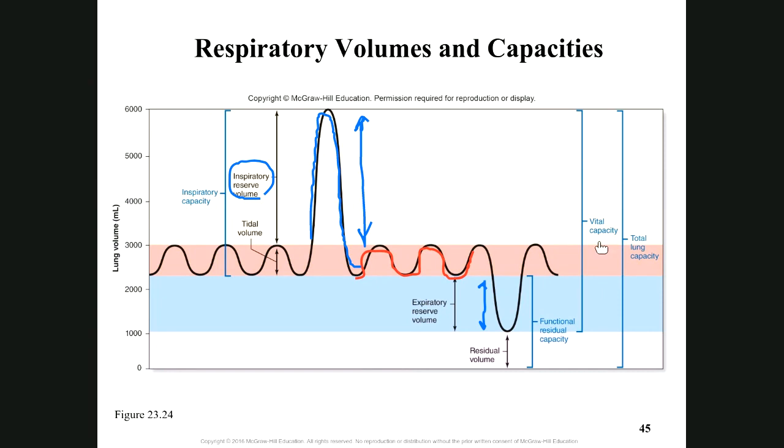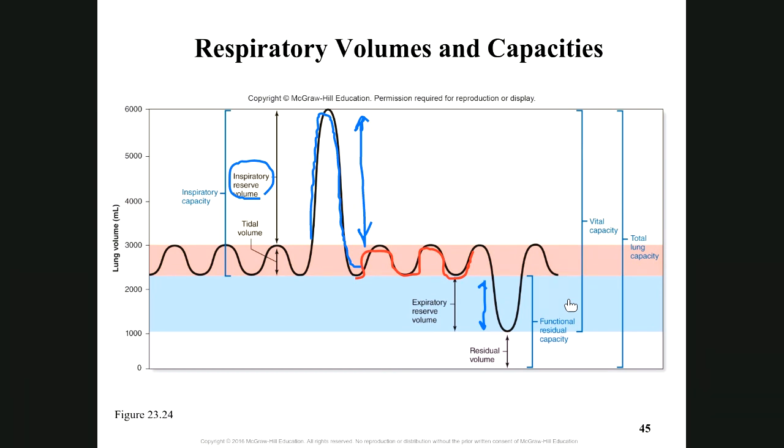Vital capacity is the sum of inspiratory reserve volume, tidal volume, and expiratory reserve volume. We call it vital capacity. You need to know that the residual volume is not a part of your vital capacity.